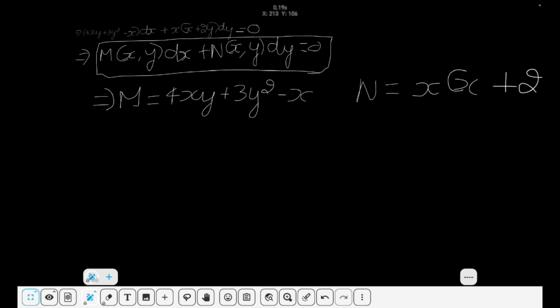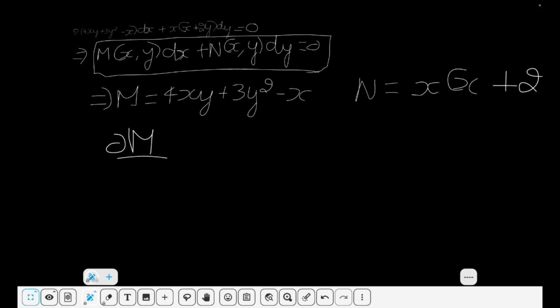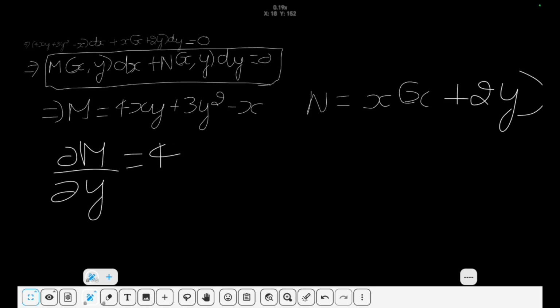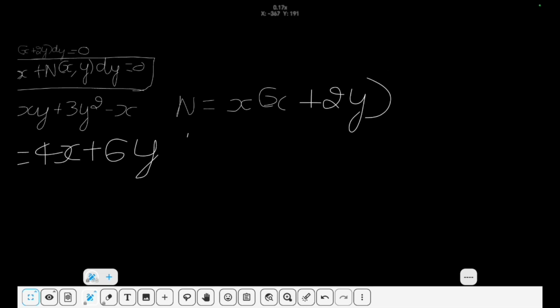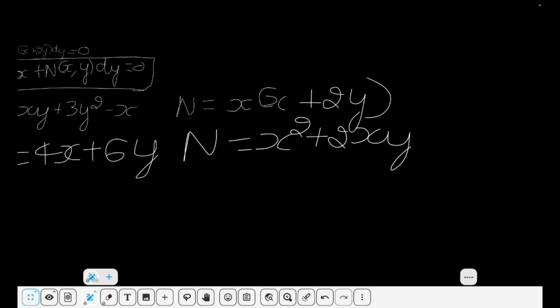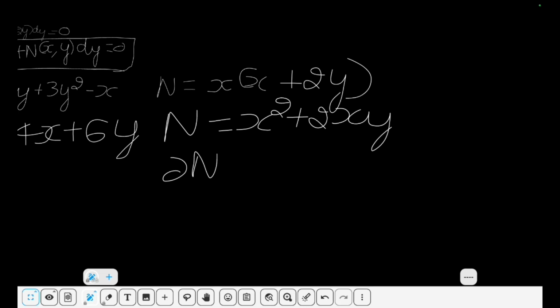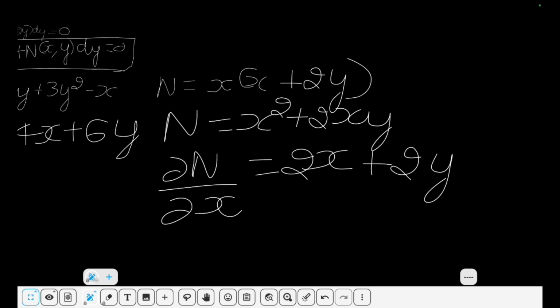Now partially differentiating M with respect to y, x is considered as constant, so that gives 4x + 6y − 0. Now N is x² + 2xy, so partially differentiating with respect to x, y is considered as constant, that gives 2x + 2y.